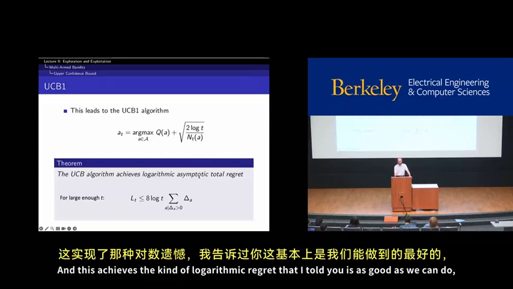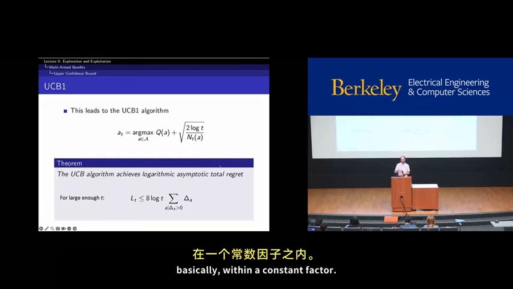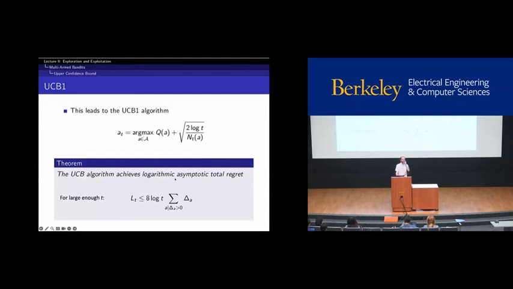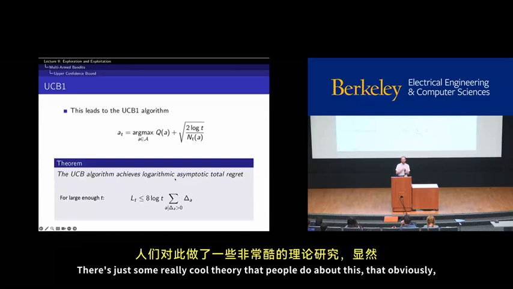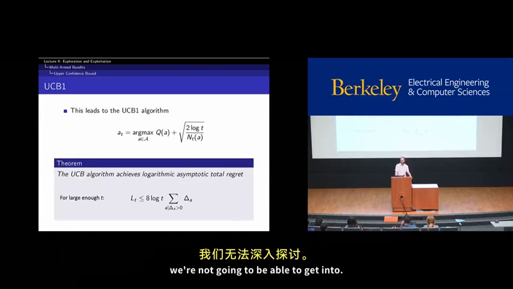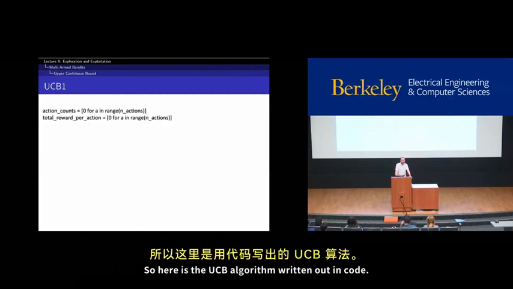And this achieves the kind of logarithmic regret that I told you is as good as we can do, basically, within a constant factor. There's just some really cool theory that people do about this that obviously we're not going to be able to get into.